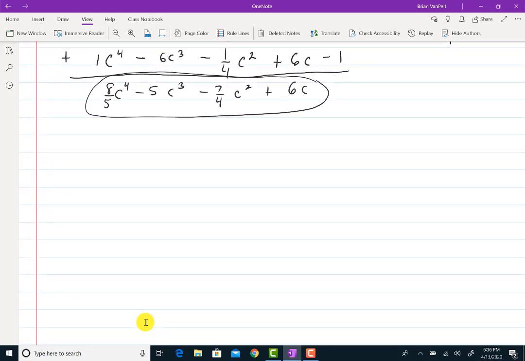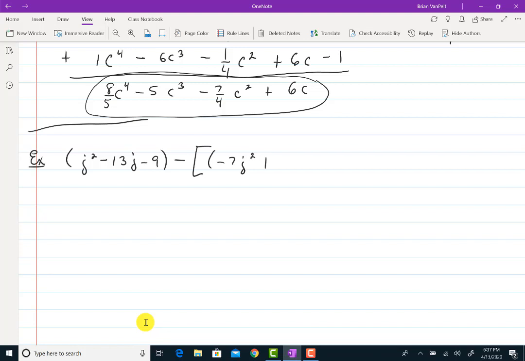Let's see how complicated we can make this stuff. Next one, we're going to have j squared minus 13j minus 9, and I'm going to subtract from that negative 7j squared plus 10j minus 2 plus 4j squared minus 11j minus 6.